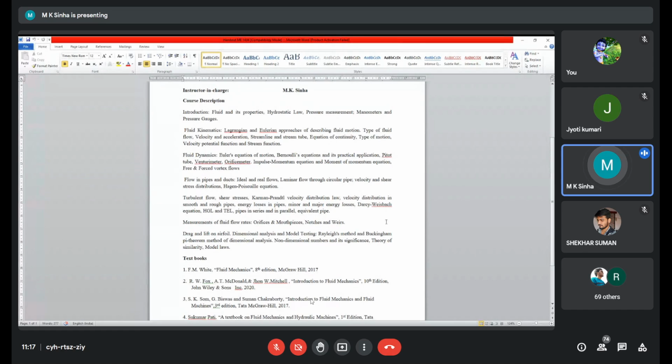Then fluid dynamics: Venturi meter, orifice meter, impulse momentum equation, moment of momentum equation, free and forced vortex. I perhaps have or have not covered the problems, I do not remember, but you must also practice examples for free and forced vortex flow.